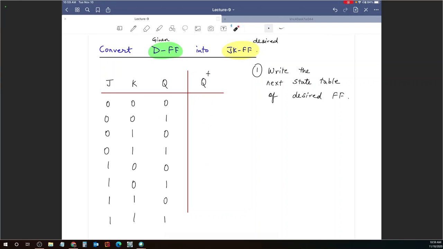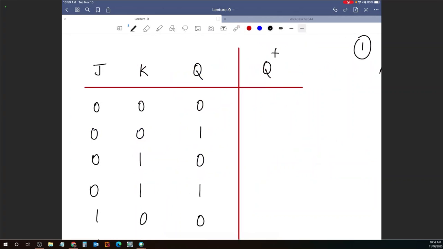I've just left it blank for us to fill out. Can you guys tell me what Q plus is going to be for the first rows? Zero and one, right? Because it is in the store state.